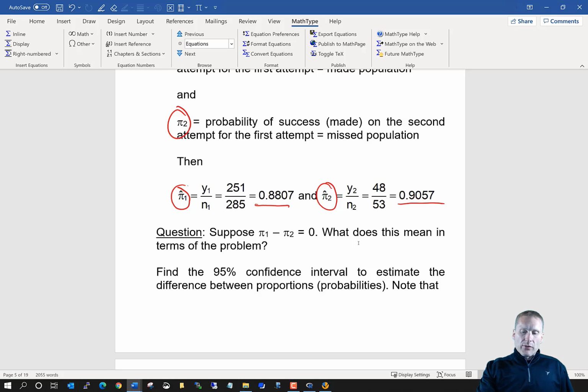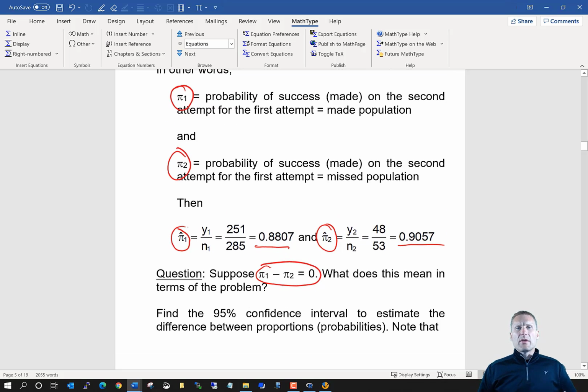Now here's a question for you. Suppose pi1 minus pi2 for Larry Bird is equal to 0. What does this mean in terms of the problem? Well, let's think about it. What this is saying is that it doesn't matter what happens on the first attempt, because for the population of all free throws, what happens on the second attempt is going to be the same in terms of the probability of success.